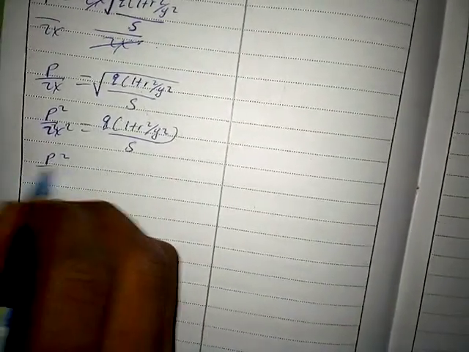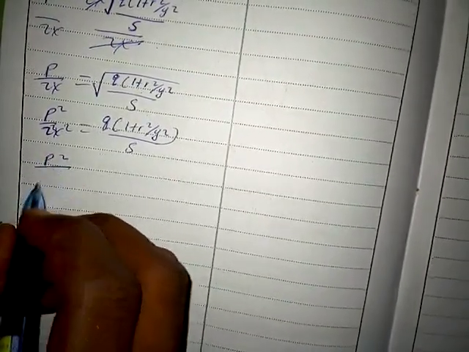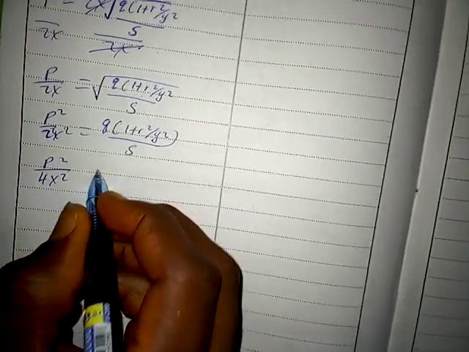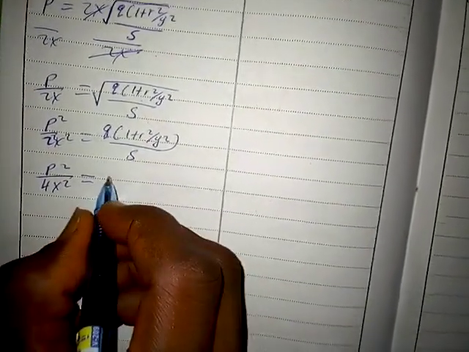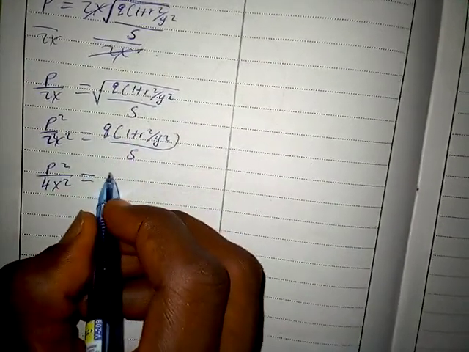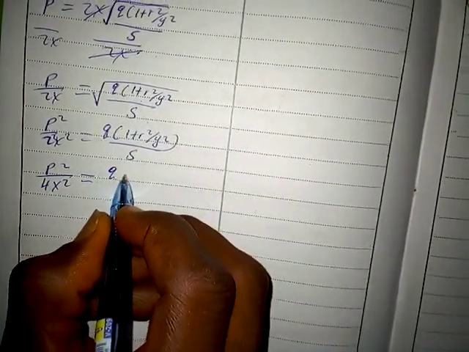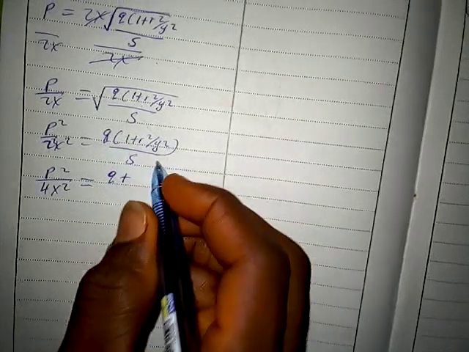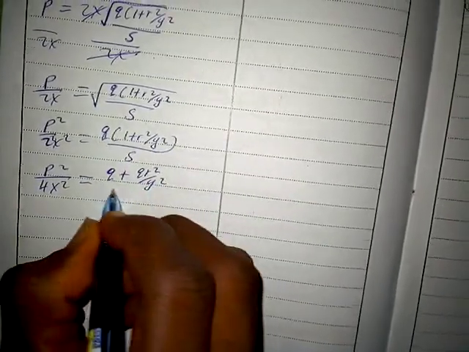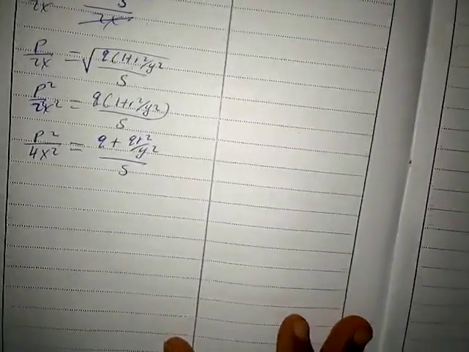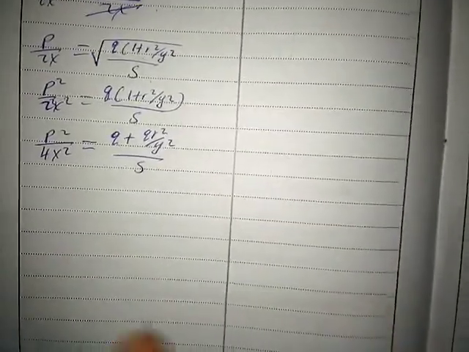So p square upon 2 square x square is 4x square, equals to, what are we going to have here? 1 times q is q, plus 1 times r square equals qr square upon y square, all divided by s. What next?